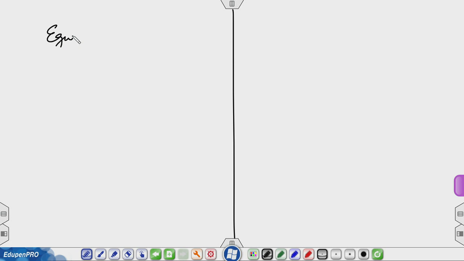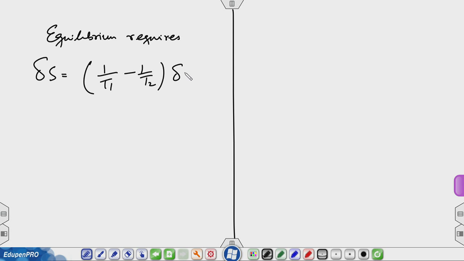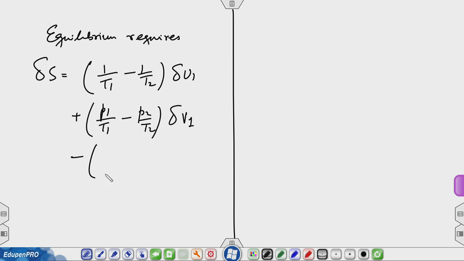So equilibrium requires that delta S, which is (1/T1 minus 1/T2) delta U1 plus (P1/T1 minus P2/T2) delta V1 minus (mu1/T1 minus mu2/T2) delta N1, is 0.